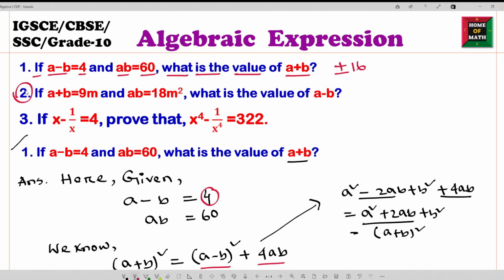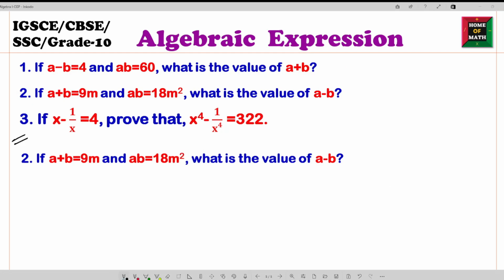Now number 2. If a plus b equals 9m and ab equals 18m square, what is the value of a minus b?